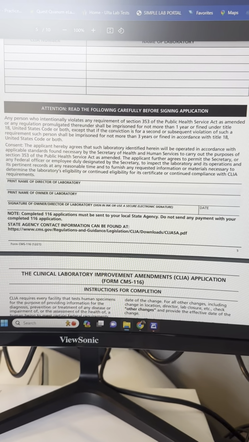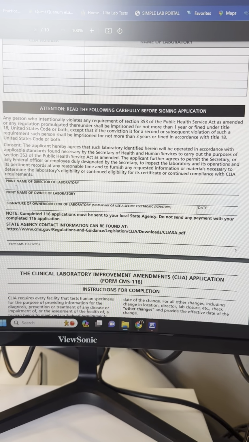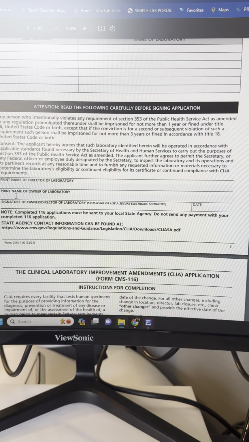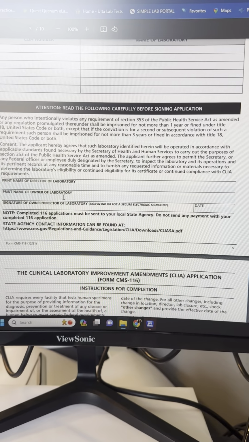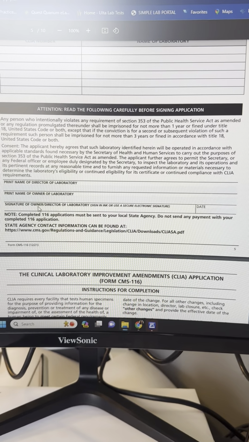This is important to read before printing the name of the director of the laboratory, printing the name of the owner of the laboratory, and a signature of either or both.